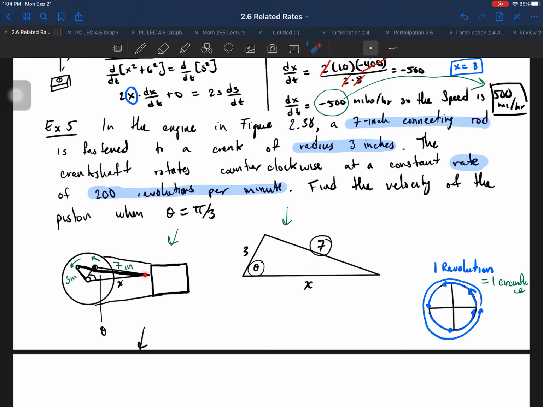So this is the rod right here, and there is this crank right here of radius 3. What happens here is that this is fixed, and this is also fixed. If this is moved to the front, this rod is going to be pushed to the front, and then it's going to make a full rotation, and then it's going to come back over here, and start over again.